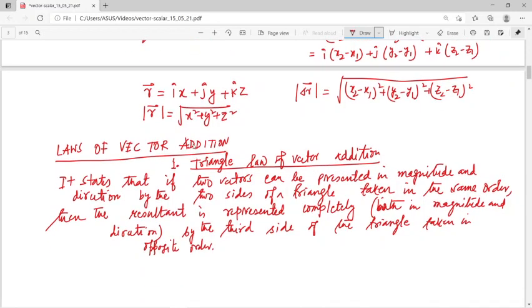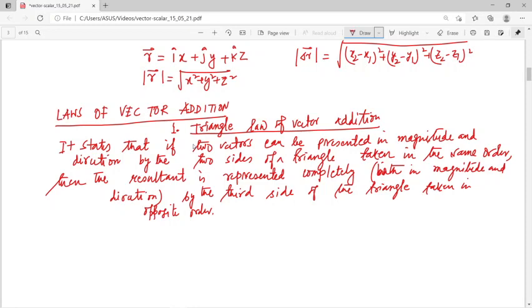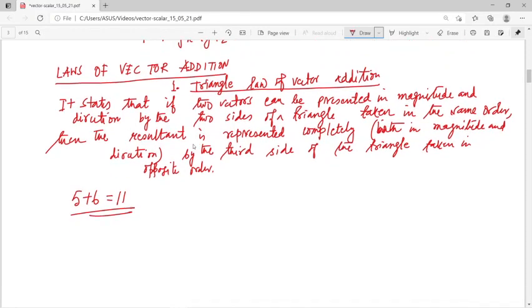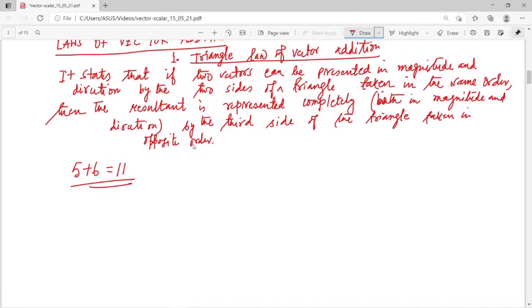What does it mean? When we are just adding scalar quantities, that means we are adding 5 with 6, we just add and we get the result. But vector addition is not like that. If we want to add two vectors, the first vector should be represented by a side of a triangle, another vector by another side in the same order, then the resultant is represented completely by the third side of the triangle, taken in opposite order.